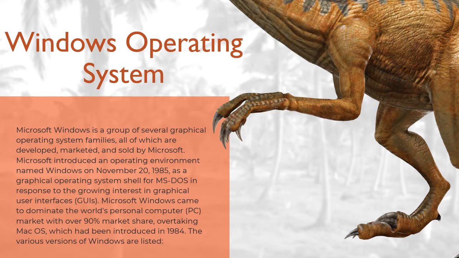In response to the growing interest in graphical user interfaces, Microsoft Windows came to dominate the world's personal computer market with over 90% of market share, overtaking macOS, which had been introduced in 1984. The various versions of Windows are listed in the next slide.